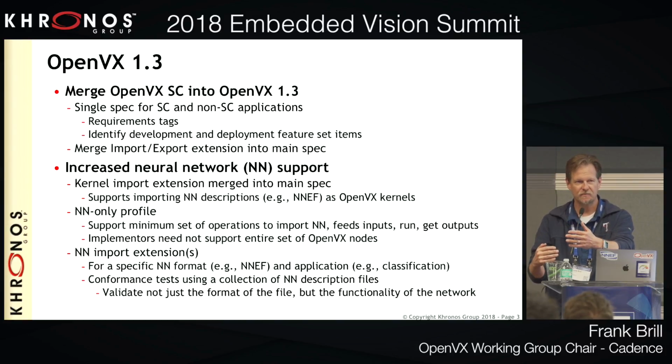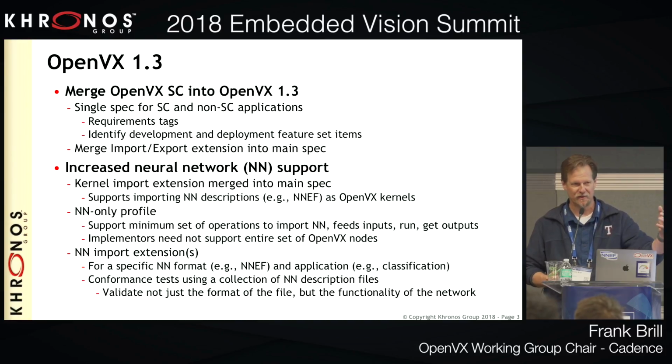The syntax may be correct, but if I import this network, does it behave the way I expect? If I give it a known input, say I show it a picture of a bird, does it say bird? Nothing in the NNEF spec will do that for you. It will just say, I've got a network and it's well formed, but it's not going to tell me it identifies birds versus cows, okay?